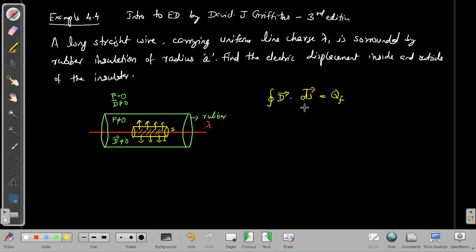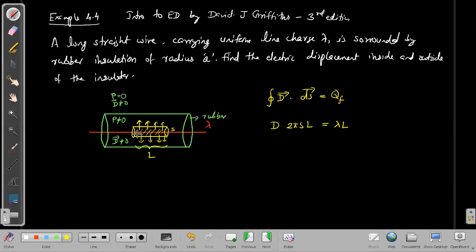So the total integral of D dot dA would be D times the area of this curved surface. For the time being, the length of this curved surface can be taken as L. So the area is the perimeter times the length, 2 pi s L, which equals the total free charge, lambda times L, because the linear charge density lambda is the charge per unit length.